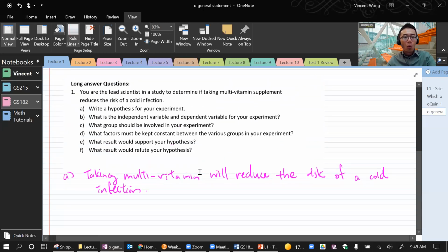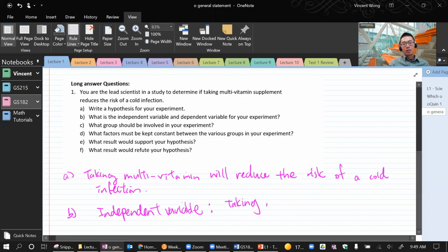Okay, next one. What is the independent variable and dependent variable? The independent variable would be whether the person is taking or not taking the supplement.